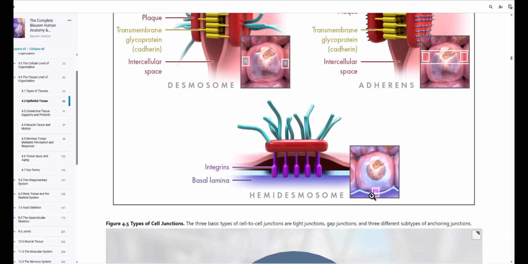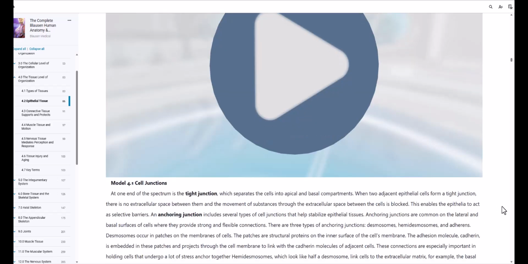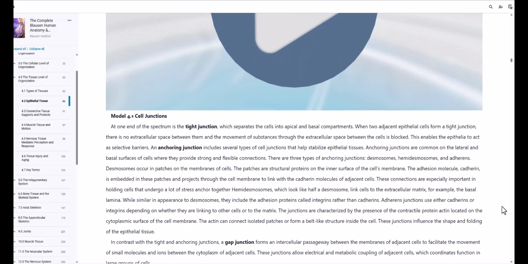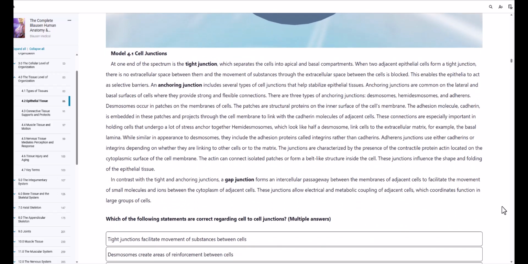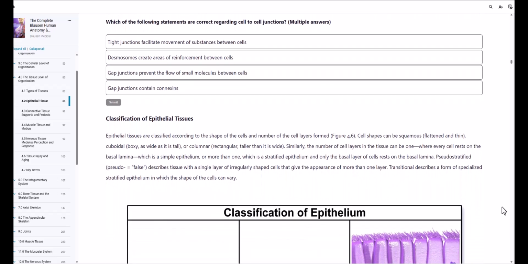So again, we have these connectors that keep our epithelial layers connected down to the connective tissue layer below. So just know these different types of cell junctions, and you'll hear about them a couple of more times. Make sure you also are watching the animations to make sense of all this, and everything I just said is said here in the words, and there's a question for you as well.